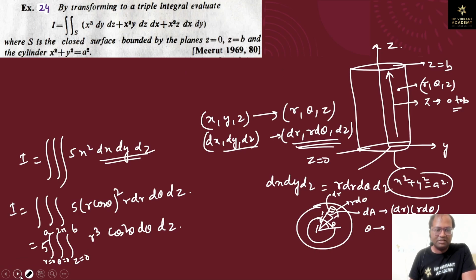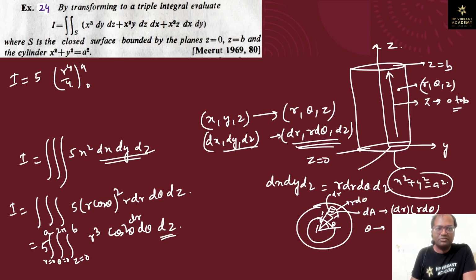So the value of I, using the cylindrical coordinate system, is 5 times the integral of dr d theta dz. So this is r^4 upon 4, limit is a and 0, and the integration of dz is z, so limit is b, and we are left with cos square theta d theta from 0 to 2 pi.